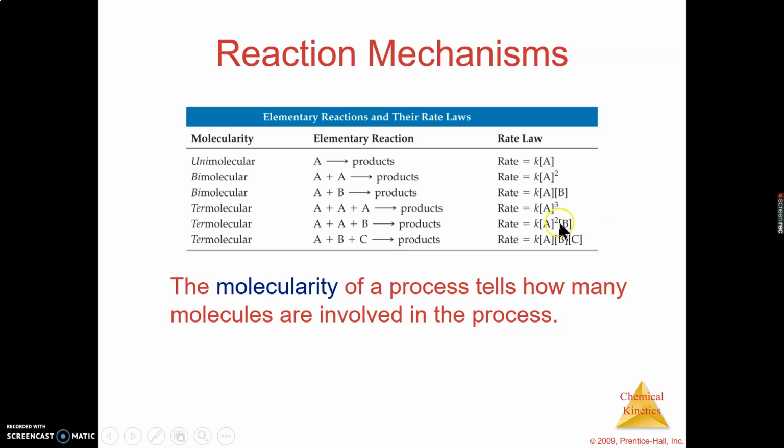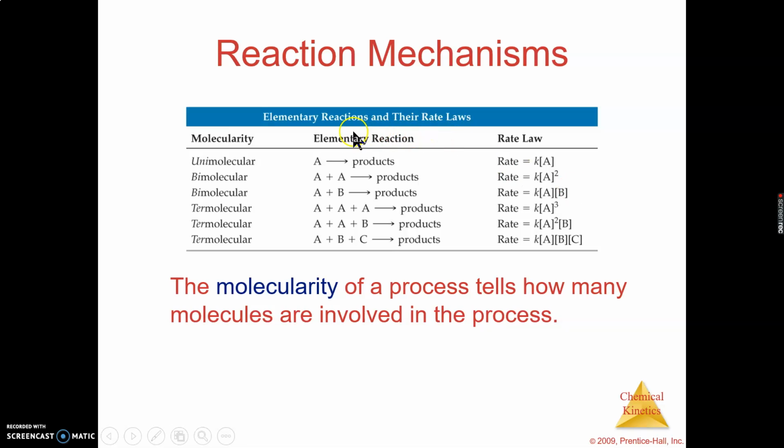Well, if you have an elementary process or an elementary reaction, meaning you have a reaction that occurs in one step, the coefficients from the balanced chemical reaction are going to be the exponents in your rate law. I'll say that again. The coefficients from your balanced chemical reaction are going to be the exponents in your rate law. And we know that the exponents simply tell us the order of the reaction.